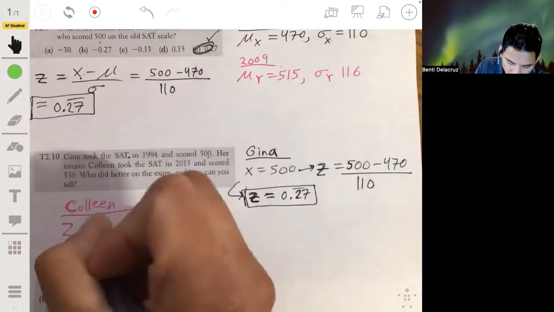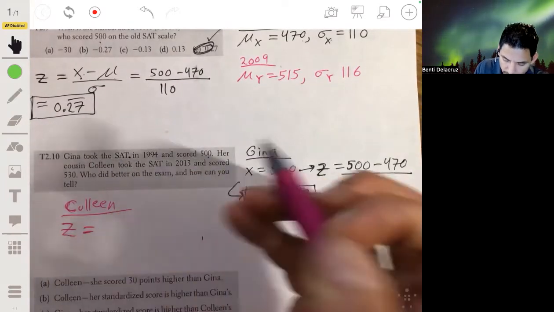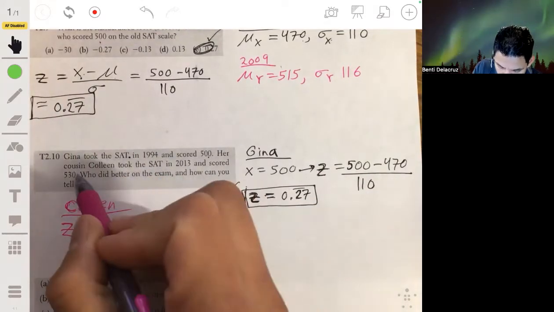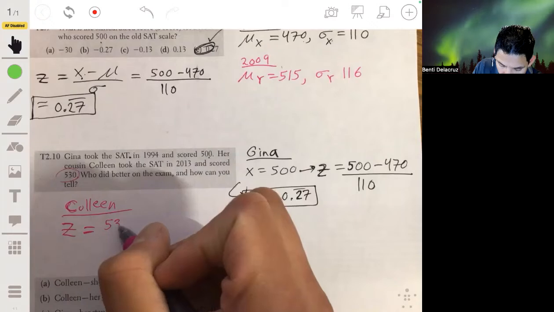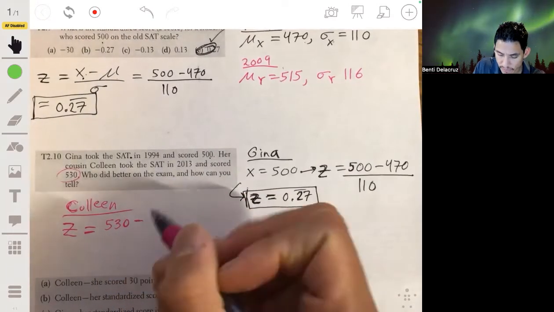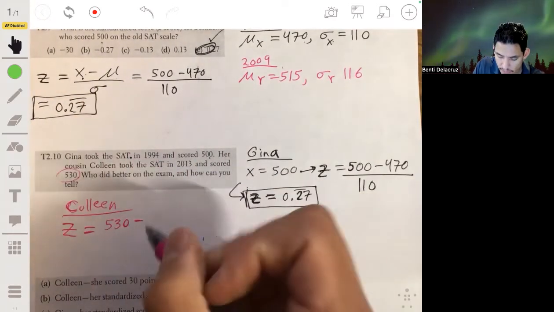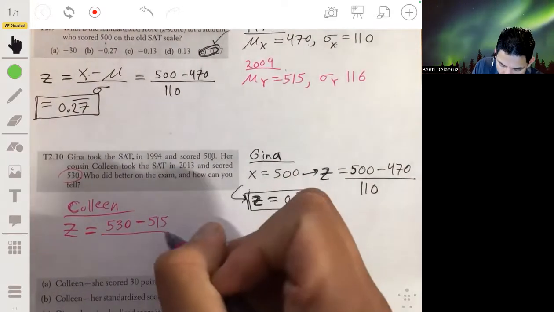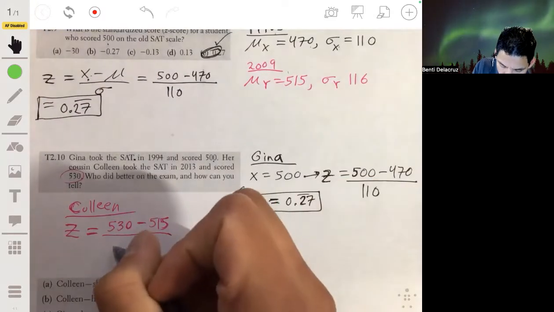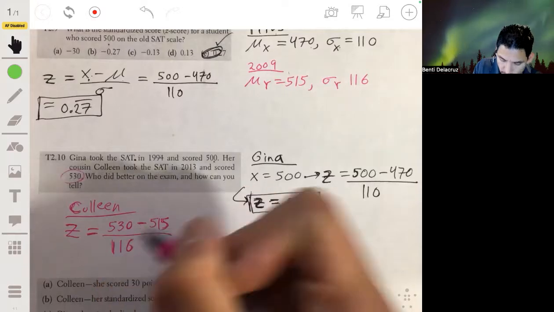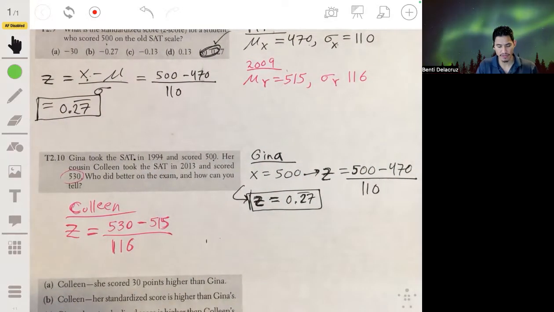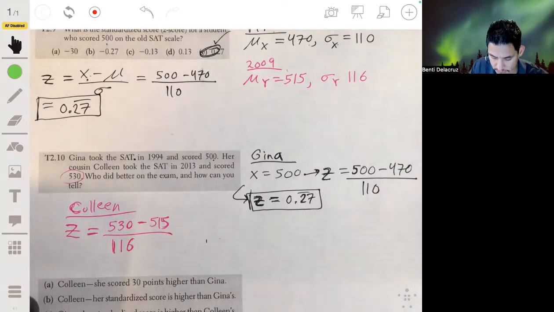So for the Z-score of Colleen, she scored 530, so her observation value X is 530, minus the mean of her distribution, which is 515, over the standard deviation of her distribution, 116. So then we have essentially 15 divided by 116, and you have about 0.13.